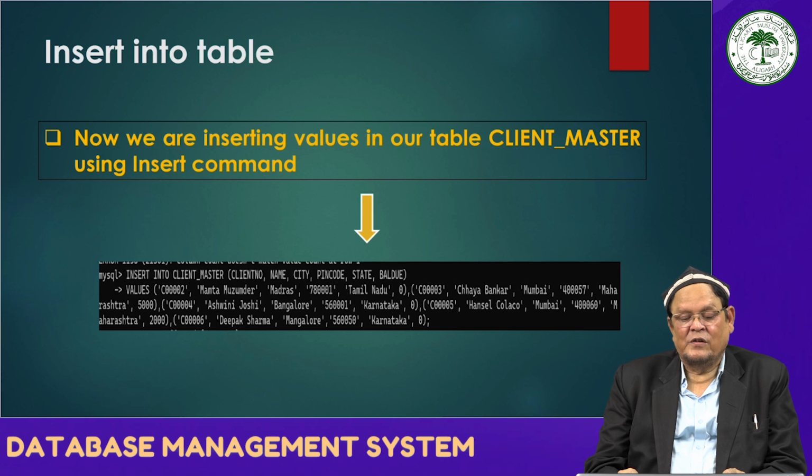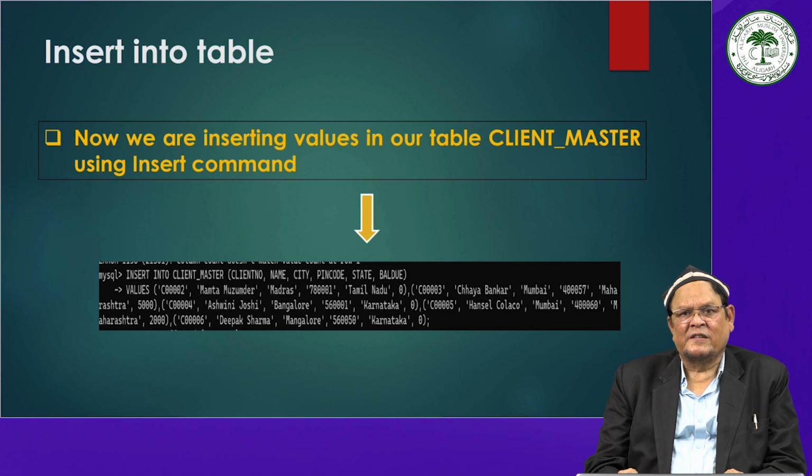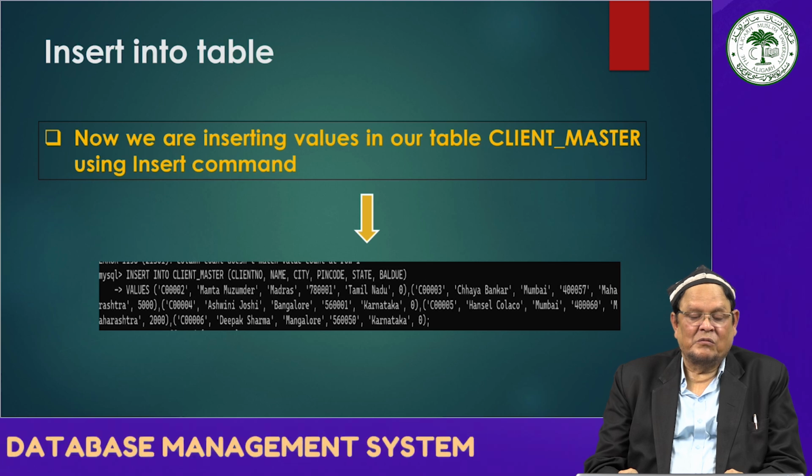For the second, you can concatenate by comma and put a parenthesis and put the values like that: C003, Chhaya Bankar, Mumbai, 4007, Maharashtra, balance 5000. Then next, separated by comma, you can write C004, Ashwani Joshi, Bangalore, and then 56001, Karnataka state, and balance 0.